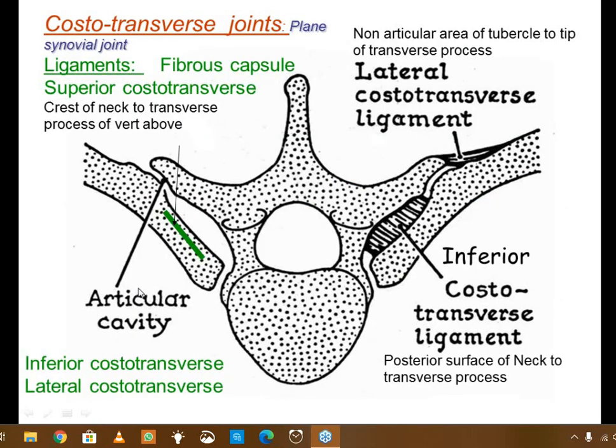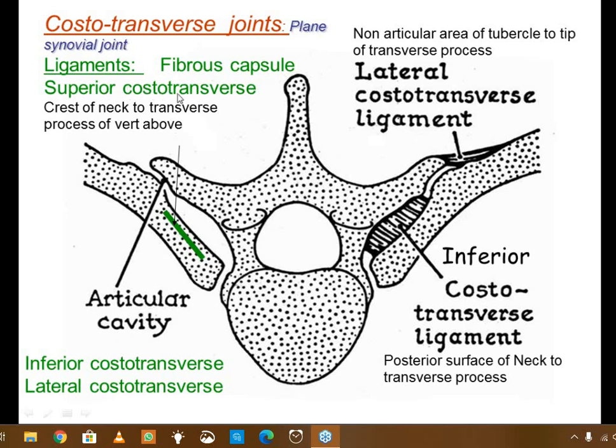What are going to be the ligaments in case of costotransverse joints? There is a fibrous capsule surrounding the joint. Then the three main ligaments: a superior costotransverse ligament, an inferior costotransverse ligament, and a lateral costotransverse ligament. The name itself suggests this is the ligament between the transverse process and the rib.